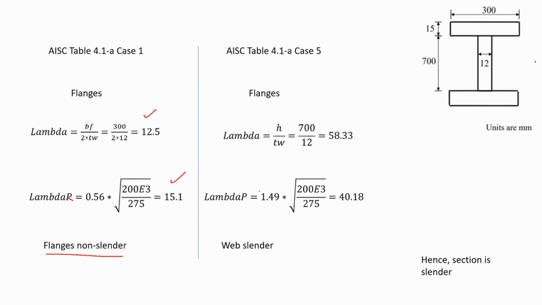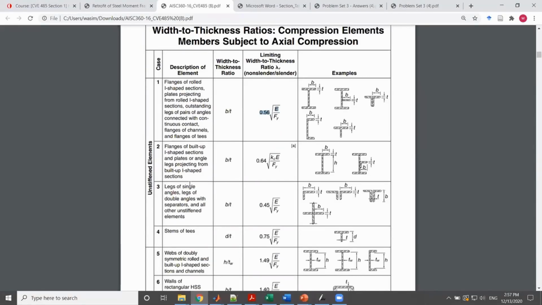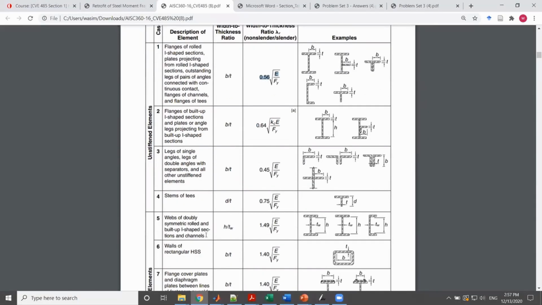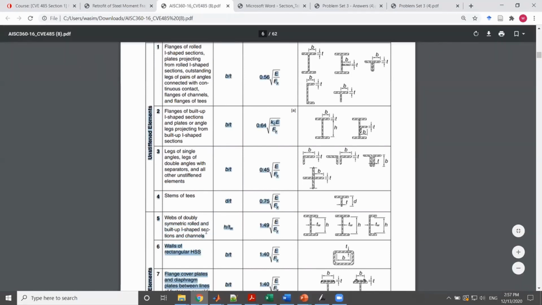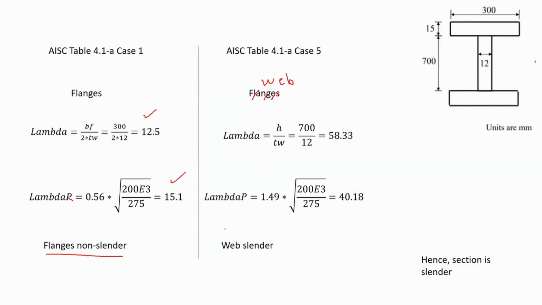Okay, what else? I have to check for the web. Okay, there is another typo in here. This is supposed to be web. So I check for the web now. I'm going back again to my table. In here, for the webs, it says h divided by tw. So if you check the drawing again and do as shown, 700, this is your h, divided by the thickness of the web, 12, it gives you lambda equal to 58.33.